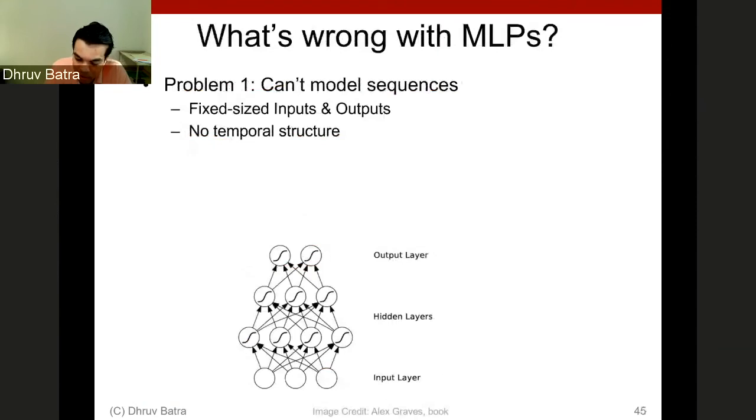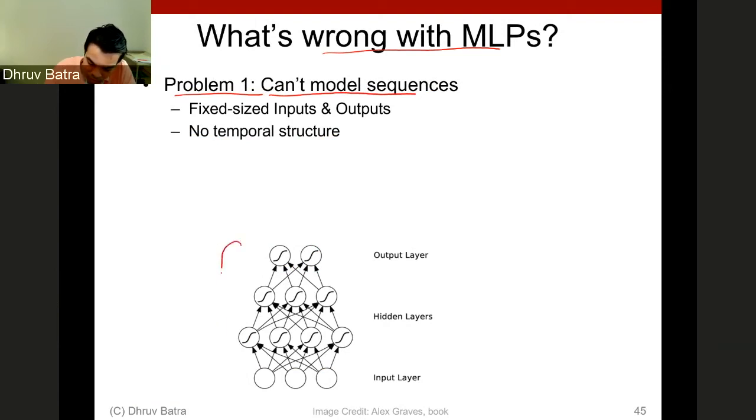So in order to get to RNNs, let's start with this question: why do we need a different layer? Why aren't we done with fully connected neural networks or convolutional neural networks? The key problem that we are trying to address with recurrent neural networks is that you can't model sequences.